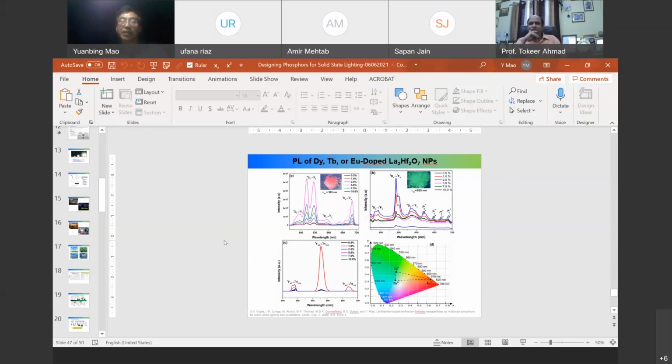If we can get away from rare earth dopants, that would be wonderful. In the past 10, 20 years there have been quite some studies on this aspect, but nothing is close to commercialization. So yeah, we hope to see a better future.